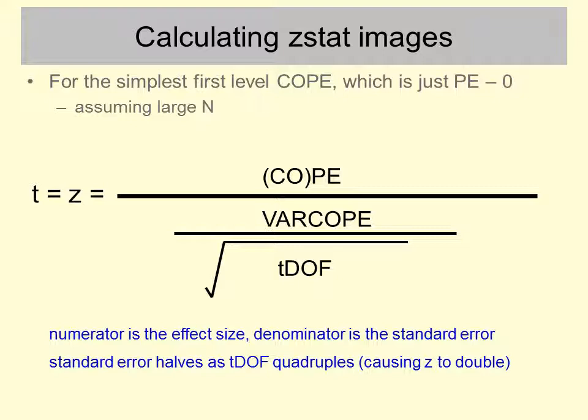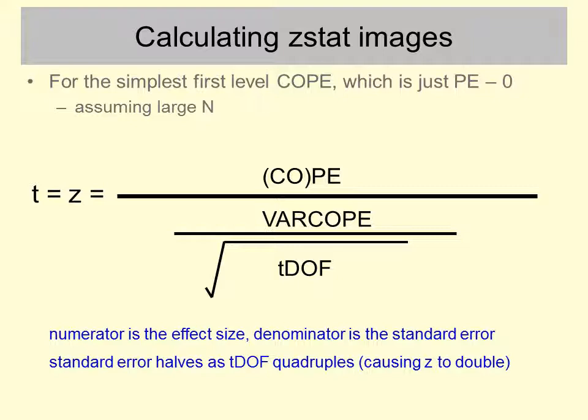Now, dividing by the square root of the TDOF value is something we do in order to take into account the fact that, all other things being equal, longer time series produce more reliable results. Remember, the TDOF contains a voxel-wise estimate of the number of independent observations in a time series, which is somewhat less than the number of actual data points due to the autocorrelation problem.